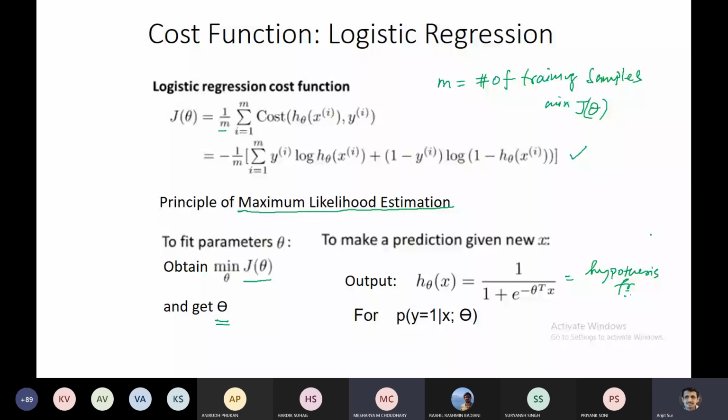Now at least we can understand that our problem turns into this. Now we have to find how to get theta to minimize this J(theta). So the question now is, how to minimize J(theta)? That is the main question.